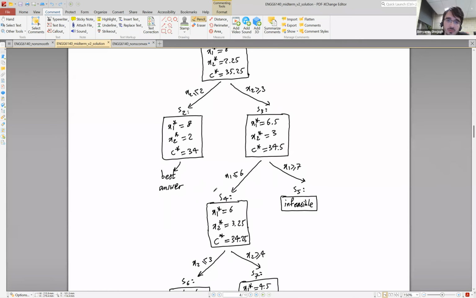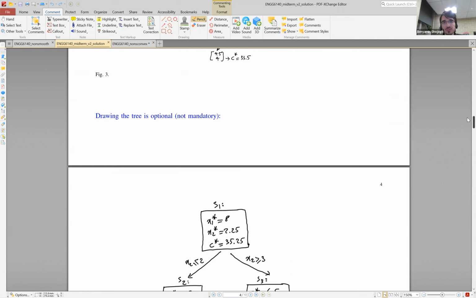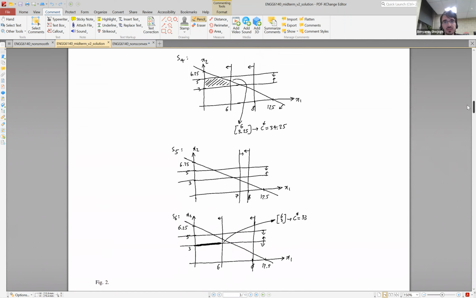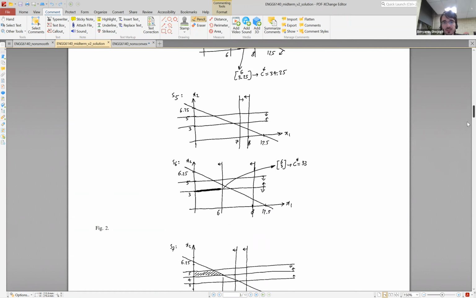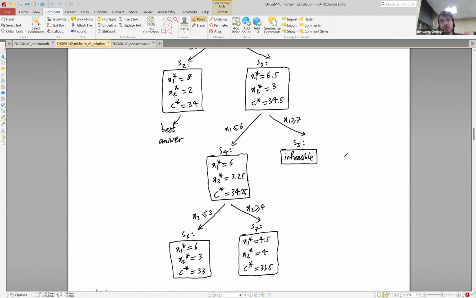So we can split into x1 less than 6 or x1 greater than 7. Subproblems 4 and 5 are shown here in these figures. So this is subproblem 4 and this is subproblem 5. If you solve them, you will see that subproblem 5 doesn't have any feasible set, so the intersection of the constraints is empty, so it's infeasible.